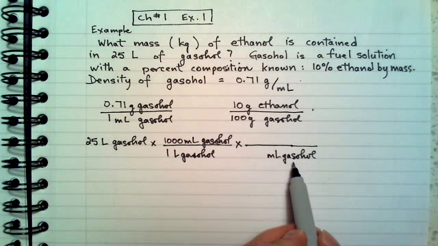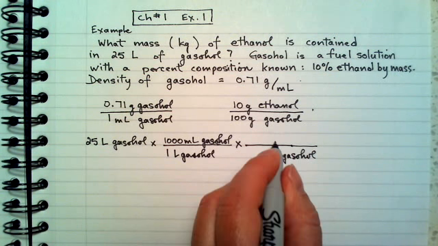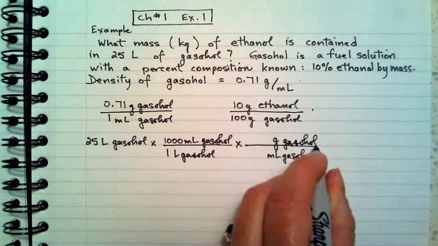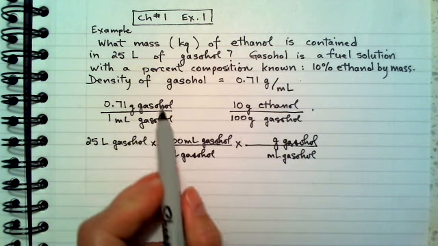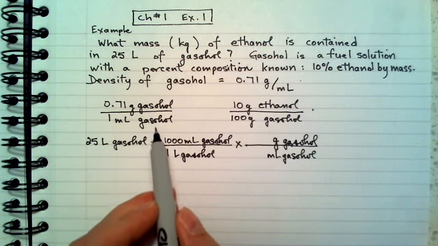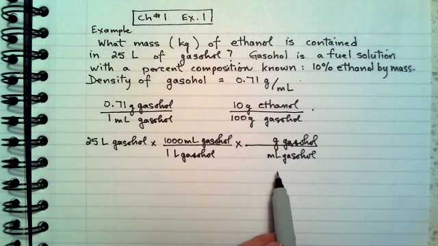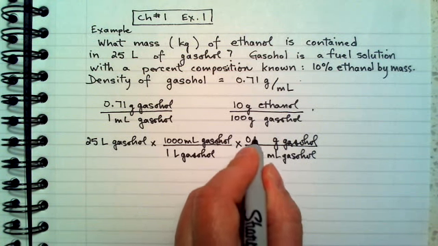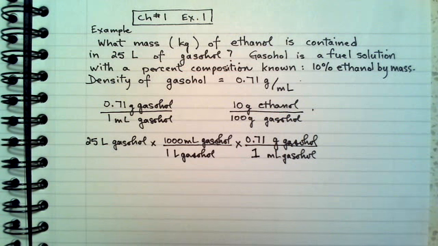I want to get rid of this unit and convert to a mass of gasohol in grams. This is why this is called a conversion factor, because it allows me to convert between volume and mass, and that's precisely what I'm doing here. So I'm using the density in this way. I'll fill in the numbers now. I know that 1 mL is 0.71 grams.